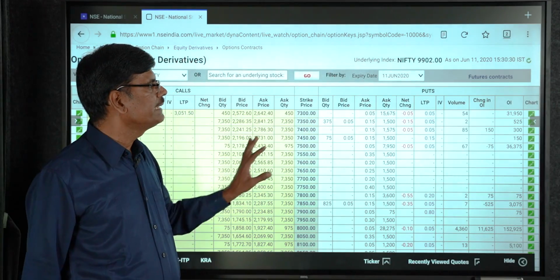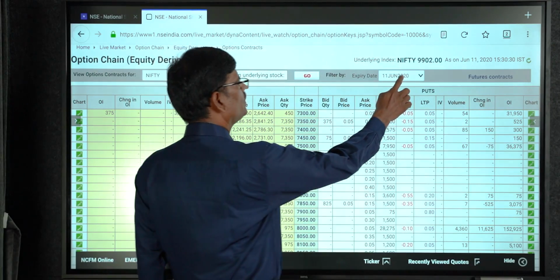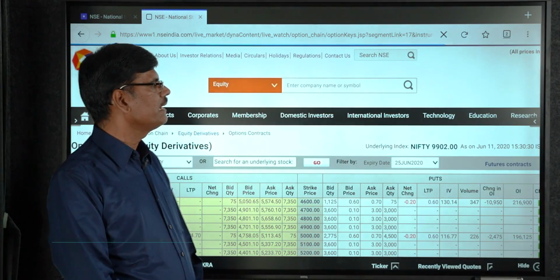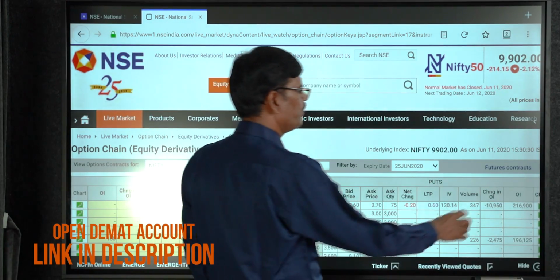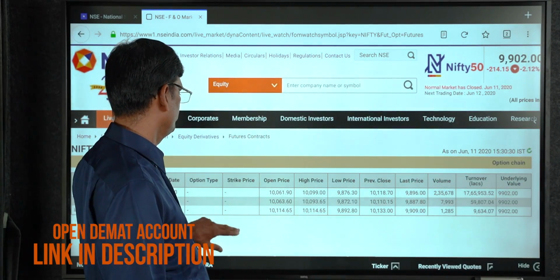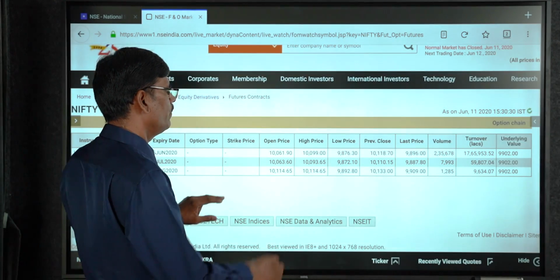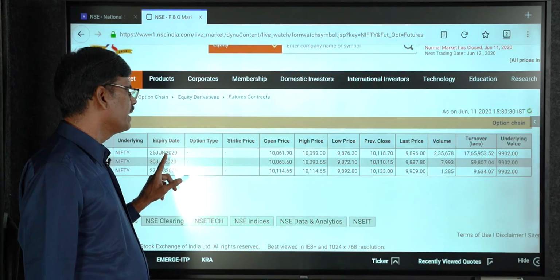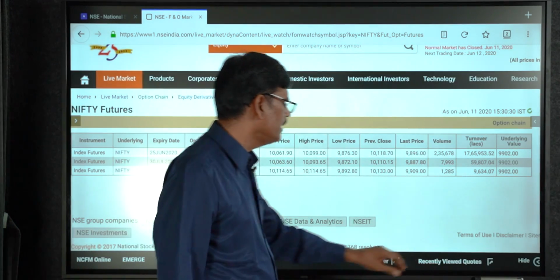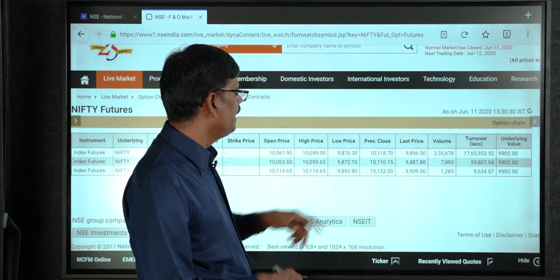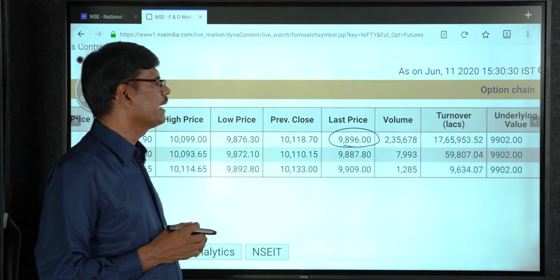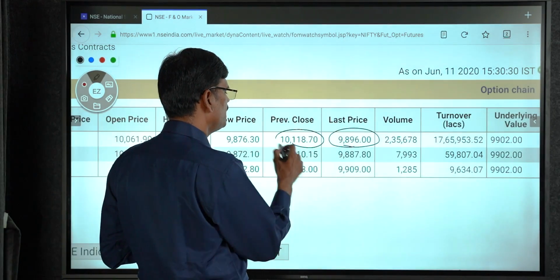Look here, this is the option chain. I am choosing the 25th expiry, that is the monthly expiry. And before going to this, I am going to show you the futures contract. If you look at the futures contract, the June month future, previous close was 10,118 and last price is 9896.